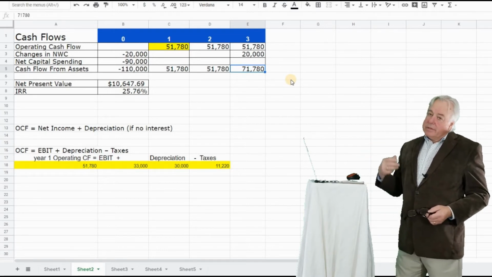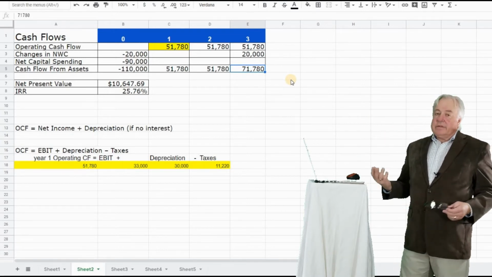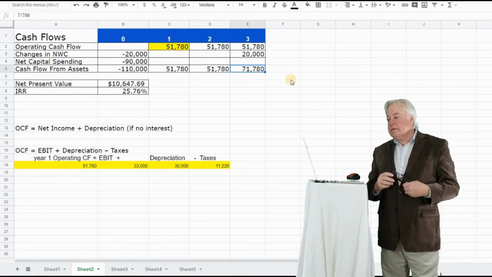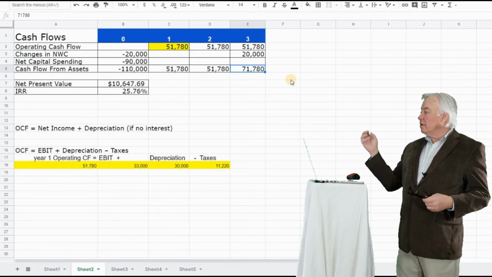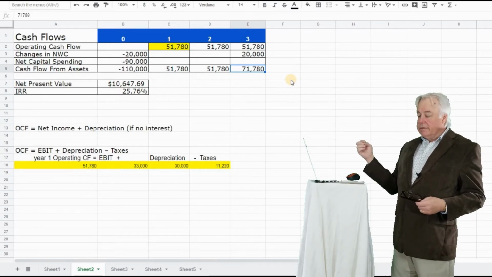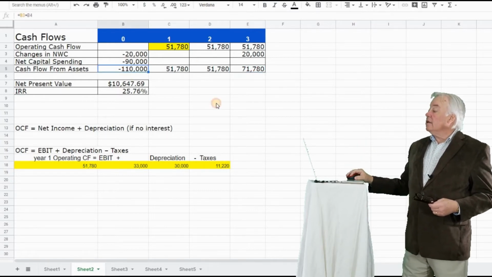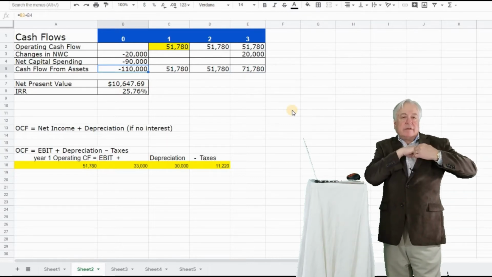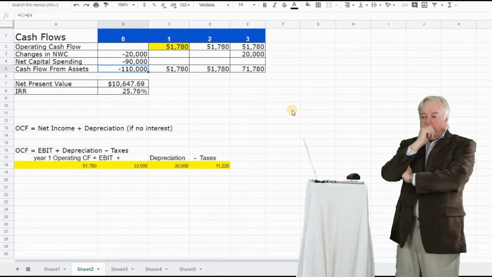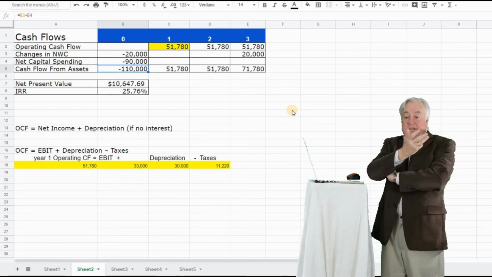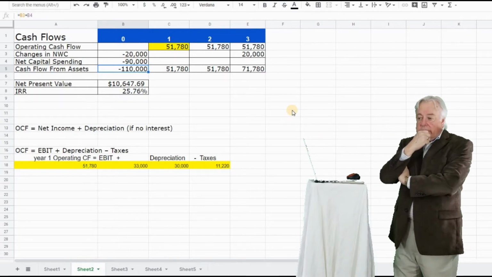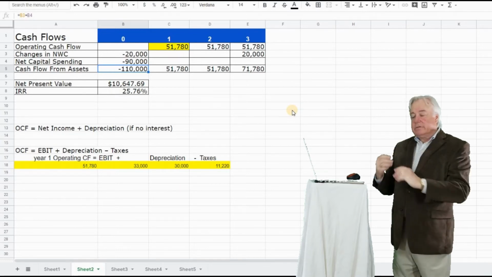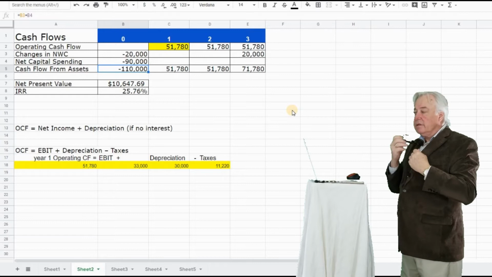But say this was a negative 71,000 instead of the positive 71,000. What I might do is zero that negative out, take the present value of that negative 71,000, and then add it into the 110. That would be a modified internal rate of return. It's legitimate. You're not doing anything funky with it. But again, it's some additional explanation that you might have to do.